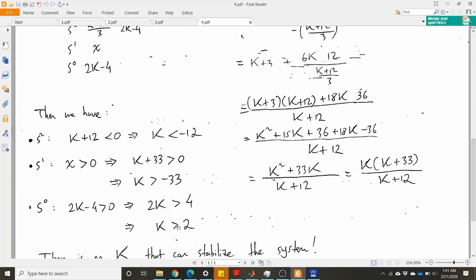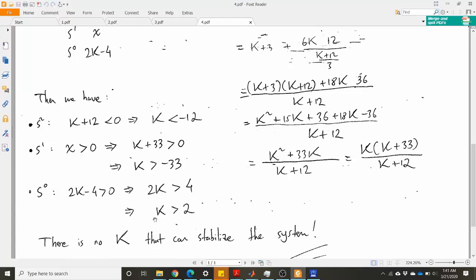So there is no k that can satisfy the first and the third condition. So we can conclude that the system cannot be stabilized, since there is no k that satisfies the three conditions. So that's our conclusion.